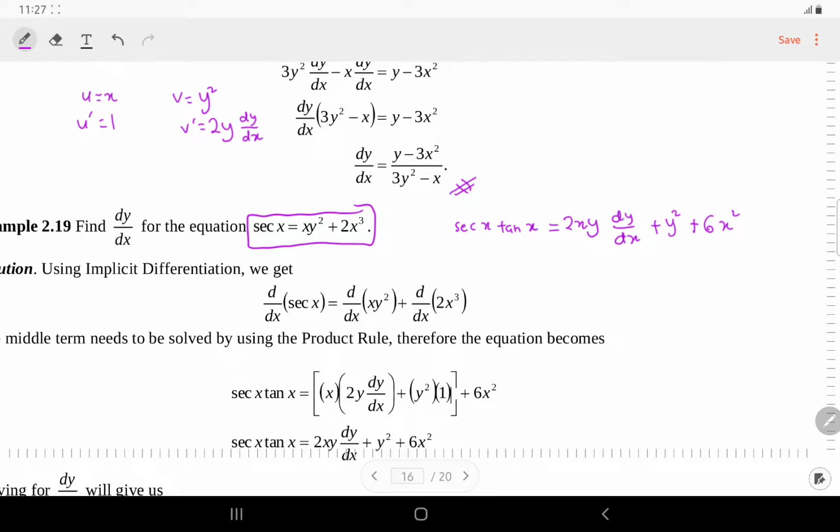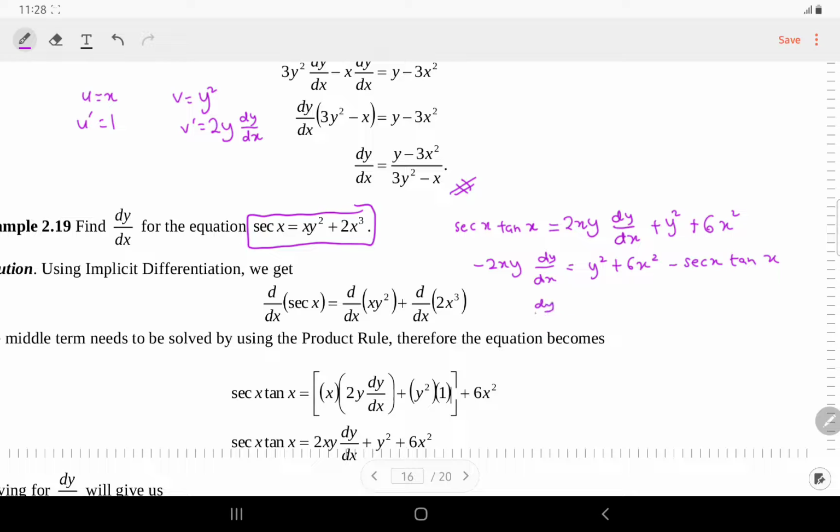Then we need to do some simplification to make dy over dx our subject. The term containing dy over dx, we bring to the left side. So we get negative 2xy dy over dx equals y squared plus 6x squared minus secant x tangent x.